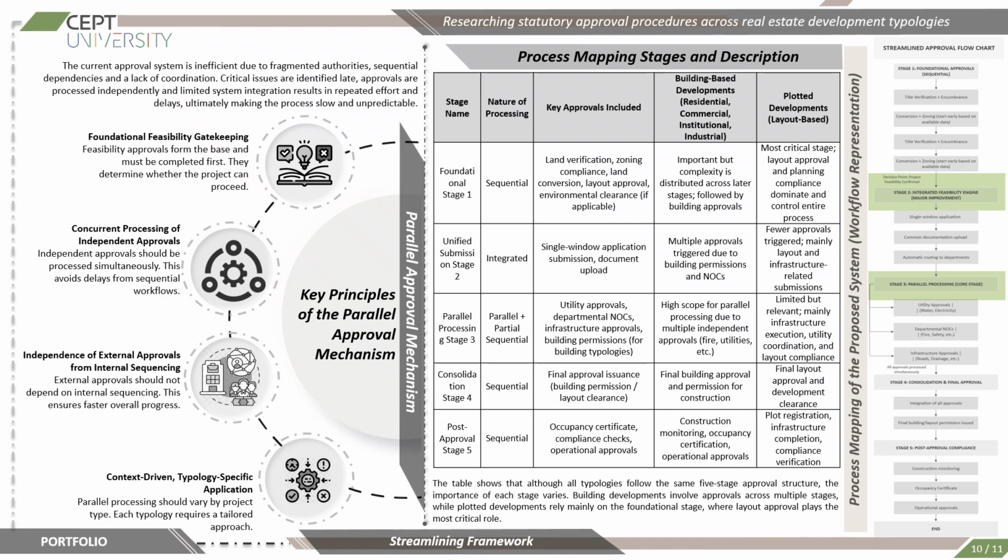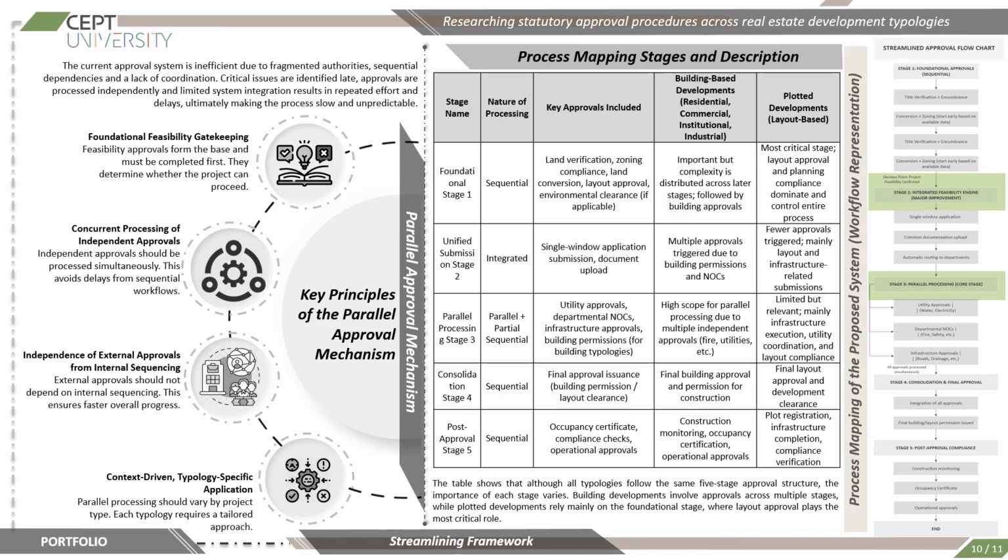This stage is highlighted as the core improvement because it compresses the timelines by allowing this parallel approval processing. Stage 4 is the consolidation stage where the final permissions, such as the building permission or the layout clearance, are issued. Stage 5 is the post approval stage involving occupancy certificates, compliance verification, and construction monitoring.